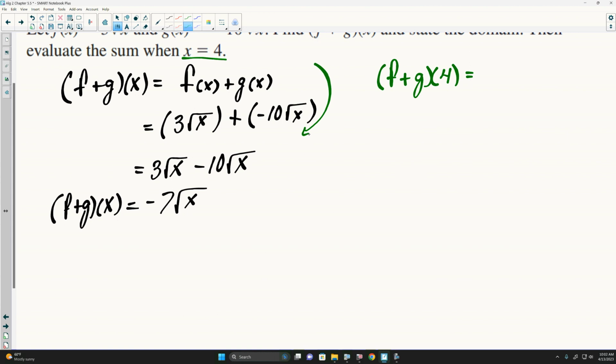However, I know that f plus g of x is negative 7 square root of x. So I can use that and say this is equal to negative 7 square root of 4. It will give us the exact same thing, but with a lot fewer steps.